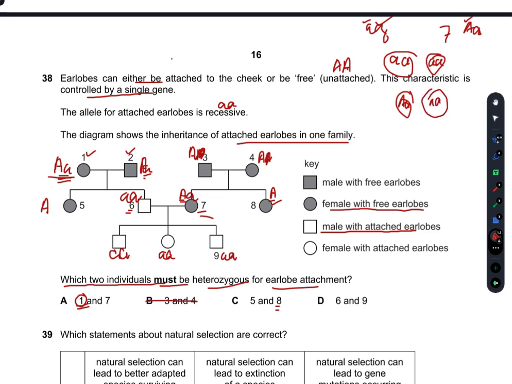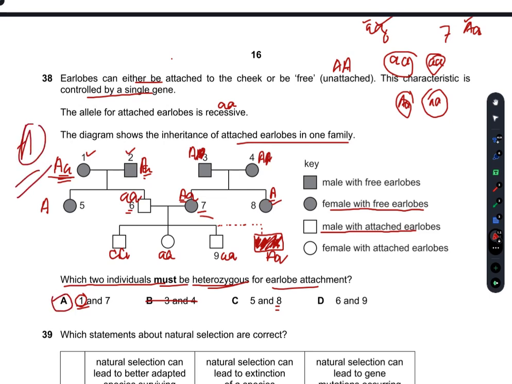So their fourth child, if there was any, would have been a male with free earlobes, and it would have had an arrangement of Aa. So this 6 is a homozygote, and this 7 is a heterozygote. One is already, and 7 is with it. So A is the right option.